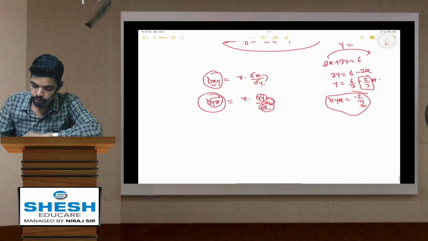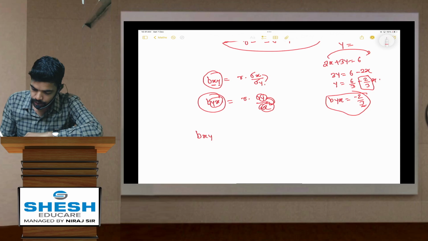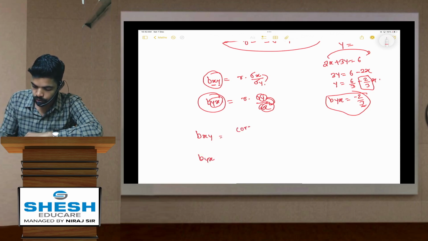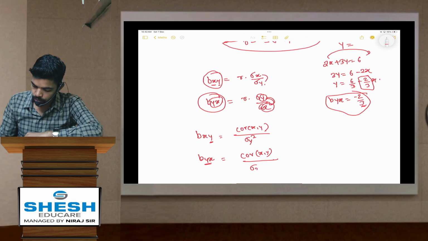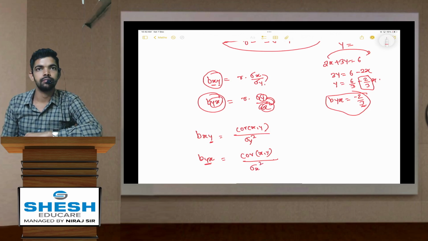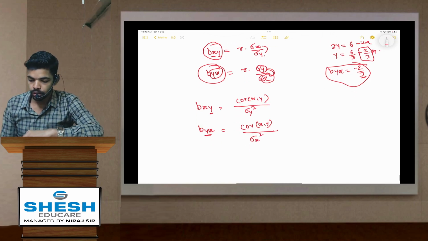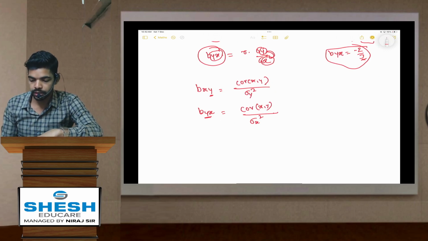And this is one more formula. You can also write bxy as covariance of xy upon sigma square y, since here you have y. Similarly, byx can be written as covariance of xy upon sigma x square.